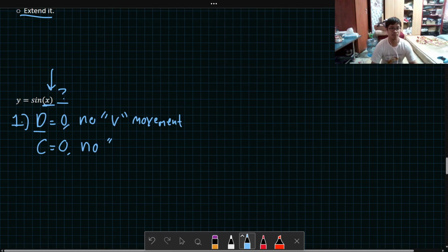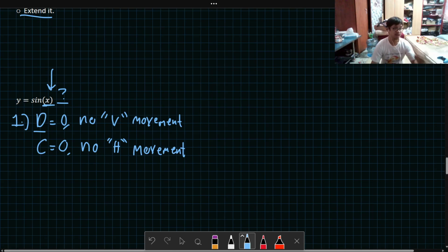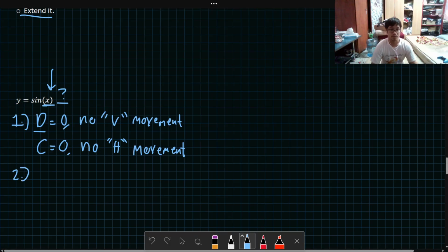So long story short, since C is 0, that means there will be no horizontal movement, or horizontal changes, or horizontal translation. So that's it. Knowing the D and C, the graph will not move upward or downward. Two, you need to find the amplitude and the period.